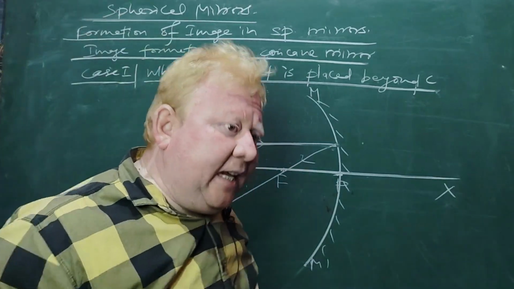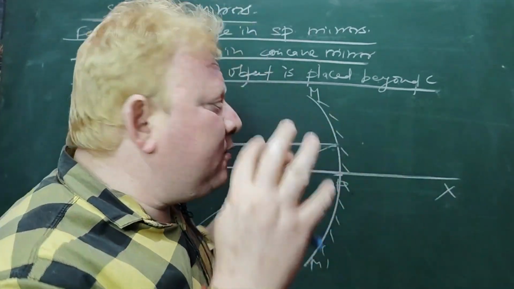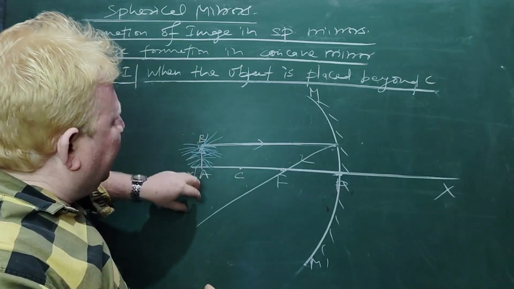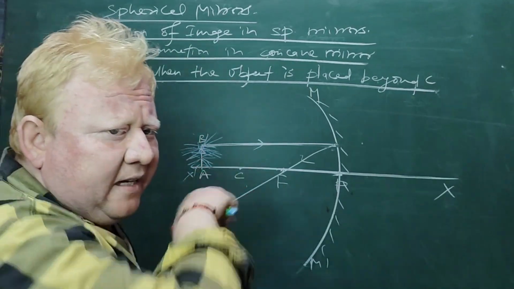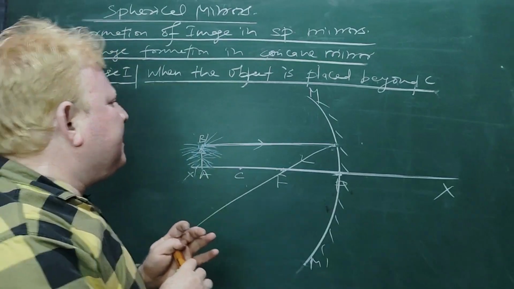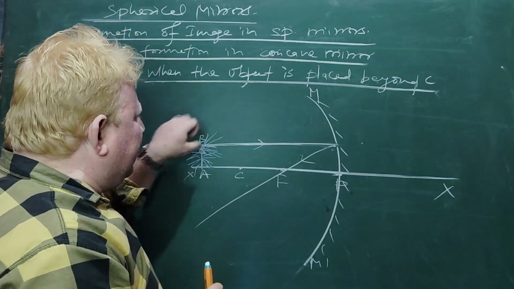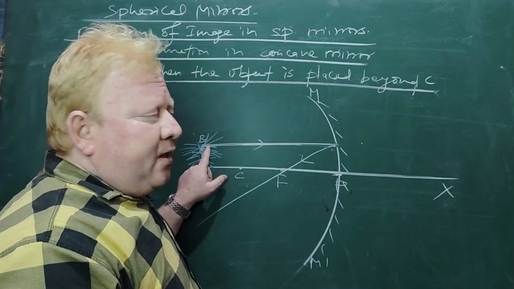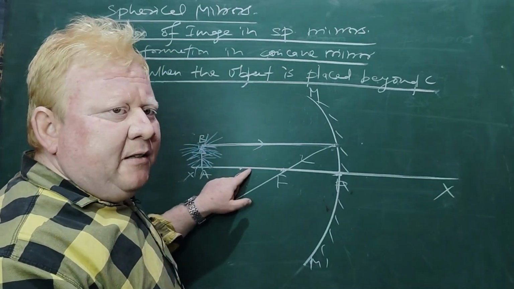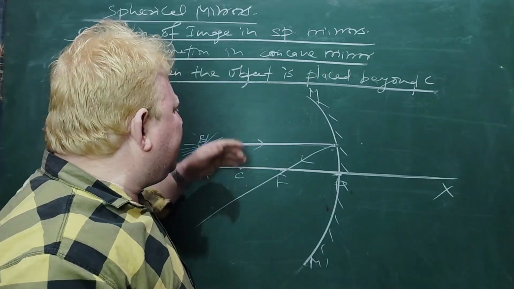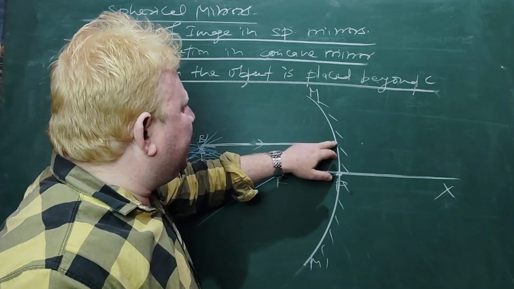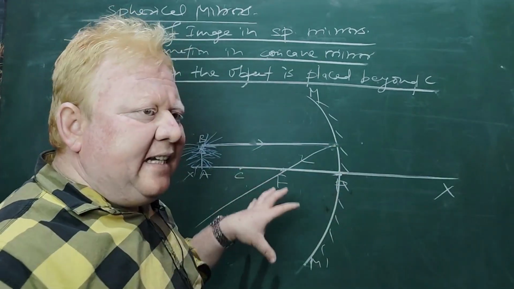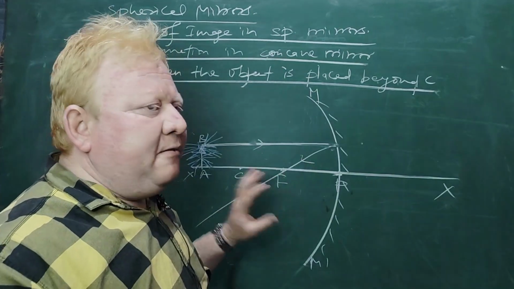And not only a single light, billions of light rays are coming out of every point present in this object in all possible directions. But out of these many rays, we will consider one ray which is coming parallel to the principal axis. Why? Because we know that this ray after reflection will be passing through focus. So this way one reflected ray we can easily get.